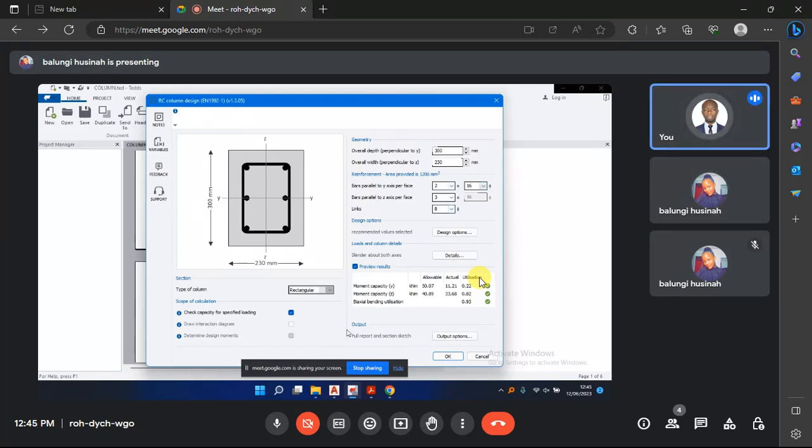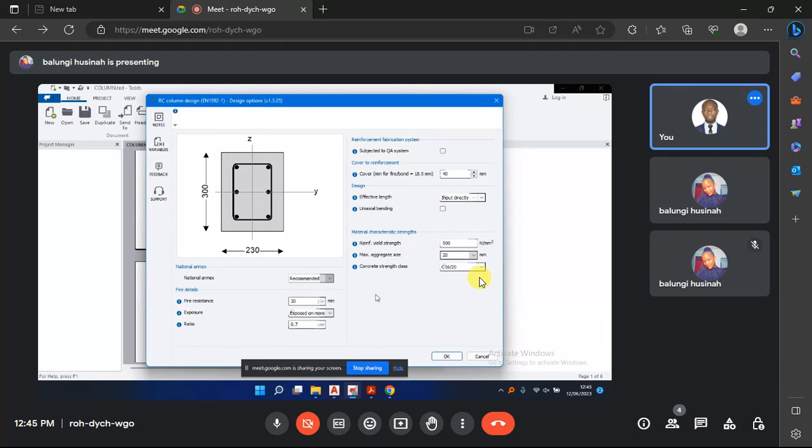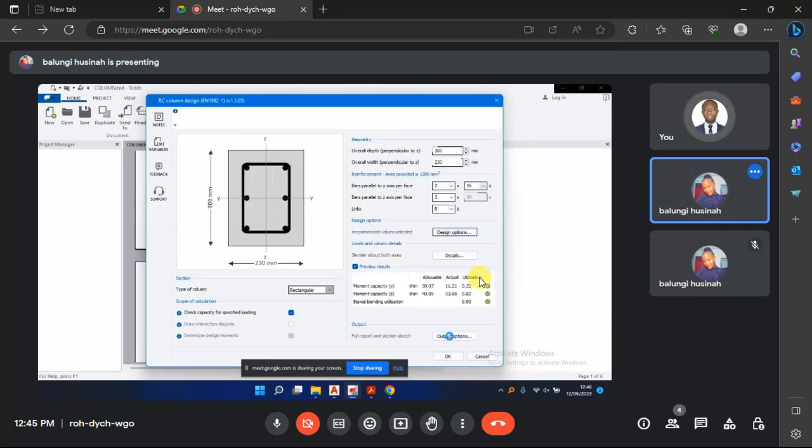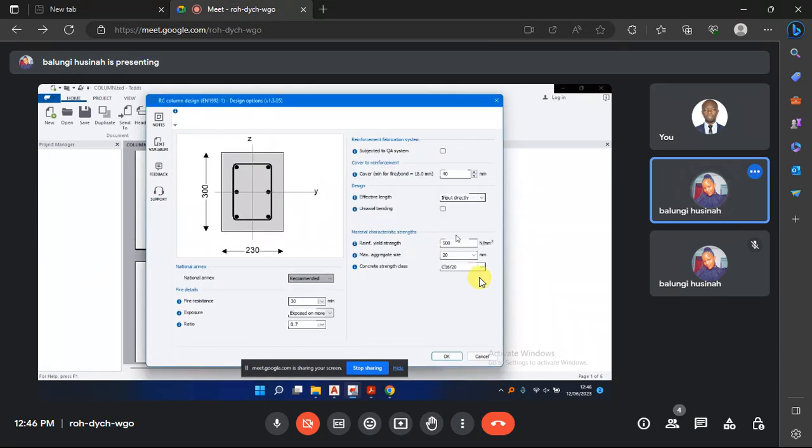You first go to design options. Wait. Go back to design options. There's something I told you, our column bends in one direction.